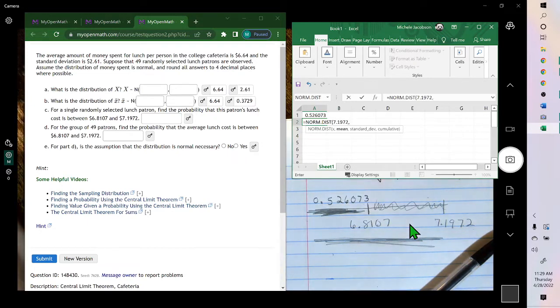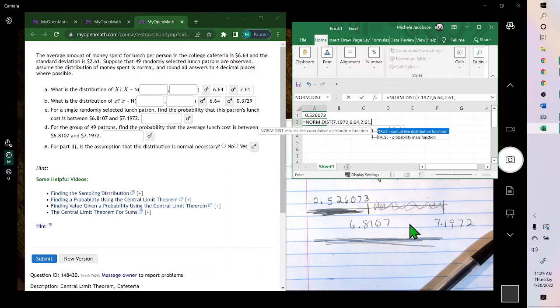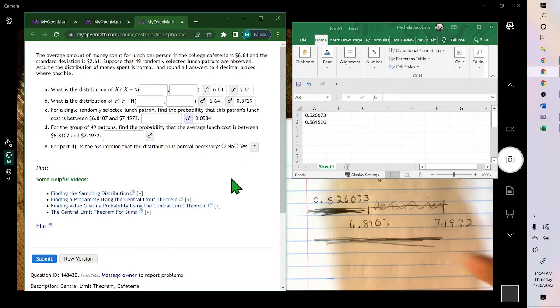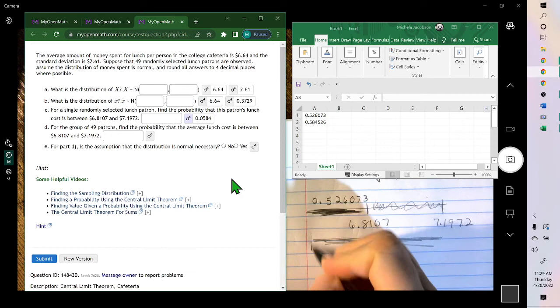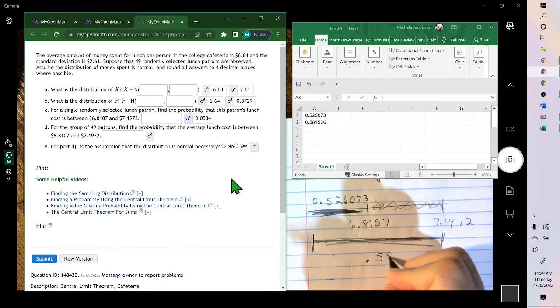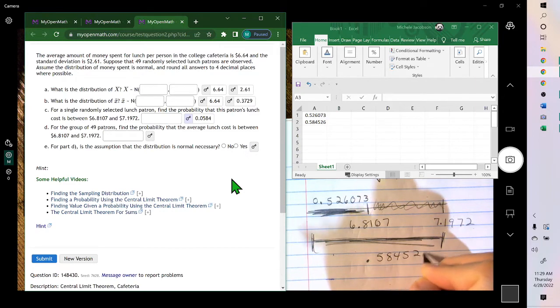Comma your mean 6.64, comma 2.61, comma 1 for cumulative. Now this is from here to here. It's 0.584526. So this is the whole thing.